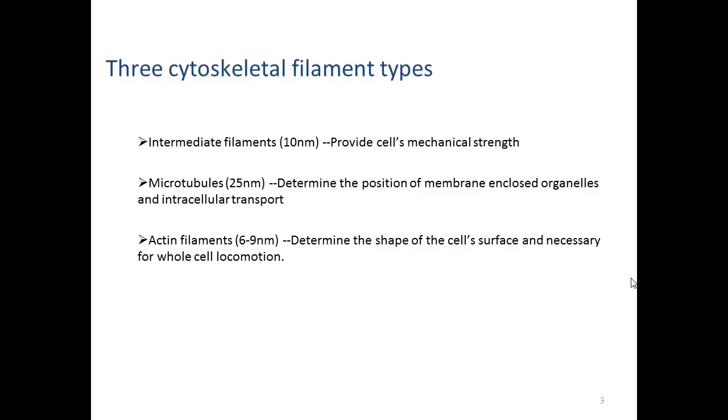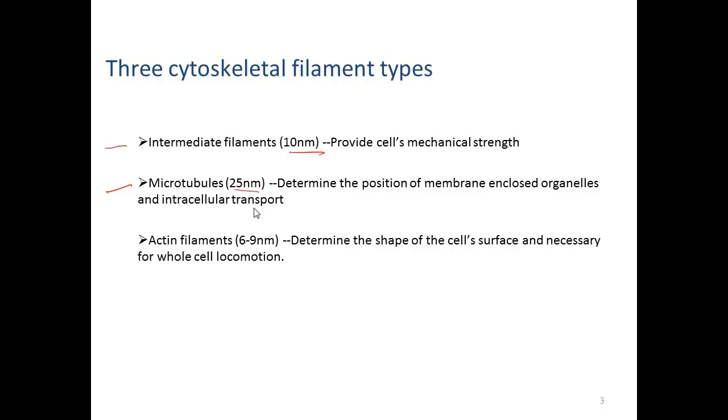The three cytoskeletal filament types are intermediate filaments. These have 10 nanometer cross sections. They are purely structural. They provide mechanical strength to the cell. Microtubules are both structural and dynamic. They have a large cross-sectional size, 25 nanometers. They function primarily as the cell's highway or roads.